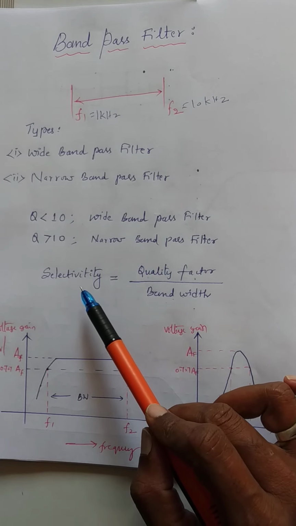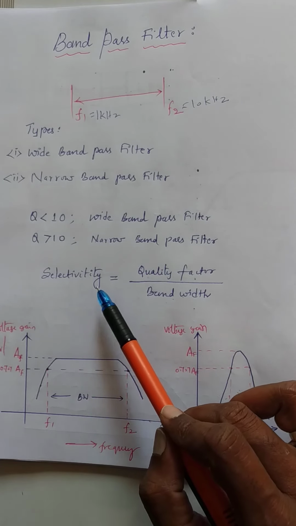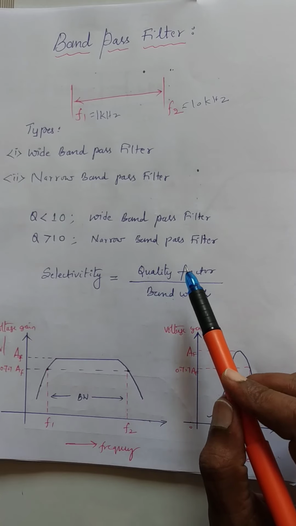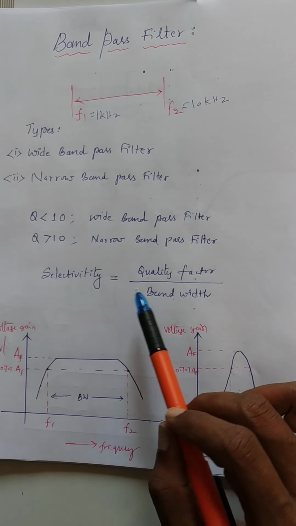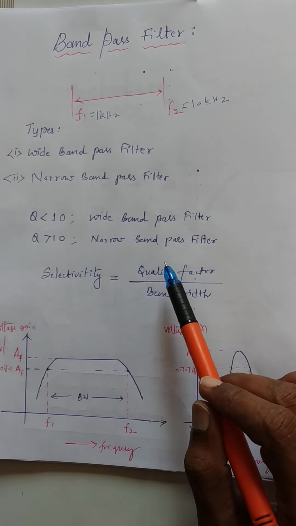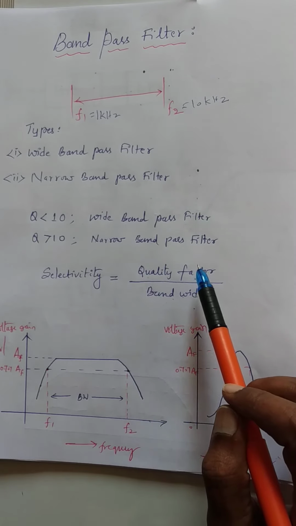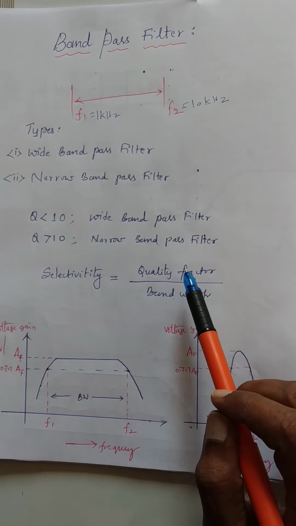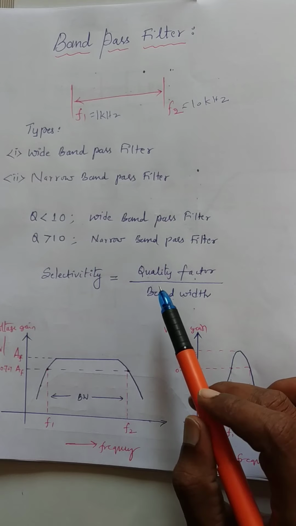We know that the selectivity of a circuit is equal to quality factor by bandwidth. The quality factor gives information on how pure the inductor or the capacitor used in the filter or circuit is.